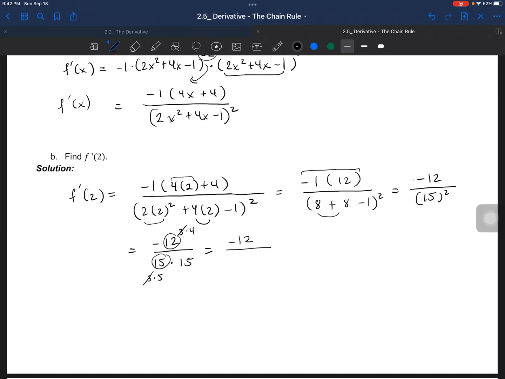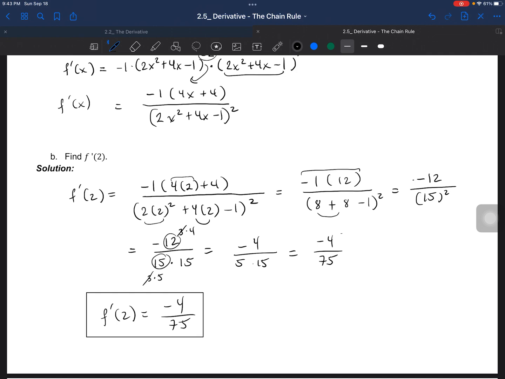So those cancel each other out, leaving us with negative 4 over 5 times 15, and 5 times 15 is 75. All right, and so f prime of 2 is negative 4 over 75.